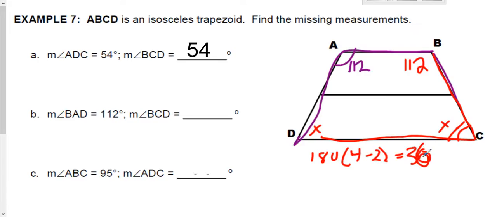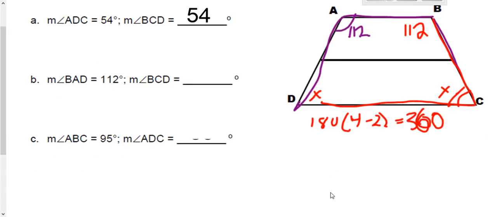Whoops, 360. A little messy writing here. So then I know these should all add up to 360. So I have x plus x makes 2x, plus these two, let's see, that'll be 224 degrees. Equals 360.